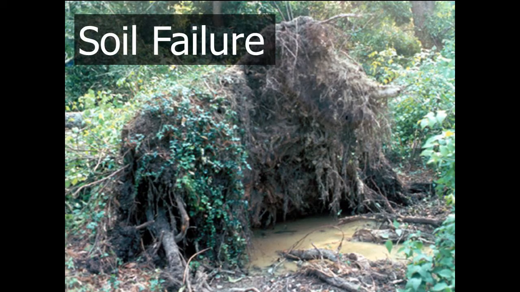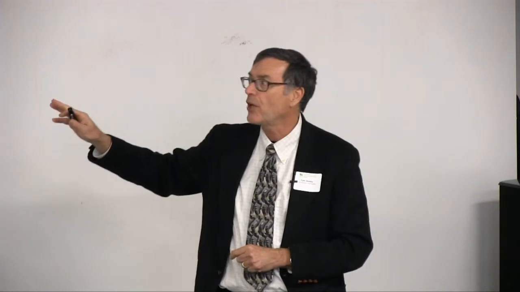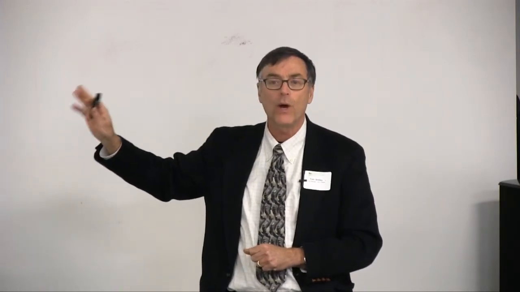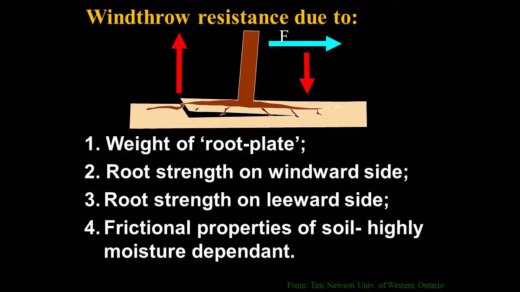We classify this as a soil failure because that root plate lifted up, and the breakage was in the smaller category of root size. Number one thing that's associated with this type of failure is the weight of the root plate. So if you know the weight of that root plate, you could predict this.